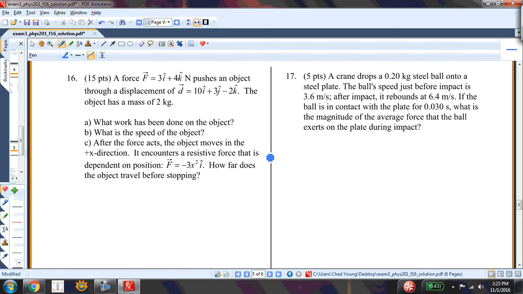A force pushes on an object through a displacement. The object has a mass of 2 kilograms. What work has been done? All right, well, F dot D is our work. Told you you'd have a dot product. Here we go. I have 3I plus 4K dotted with 10I plus 3J minus 2K.